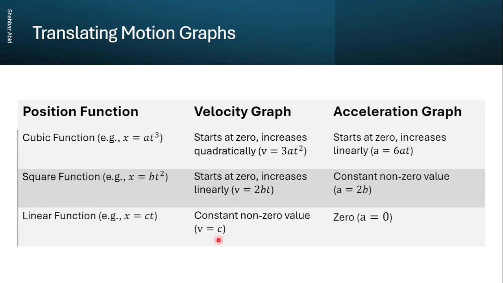So v is going to be equal to some constant c. If I take a derivative of this constant velocity, the acceleration is going to be equal to 0. So based on this information, we can plot our graph. If any one of the graphs is given, we can plot the other graphs by this relationship.